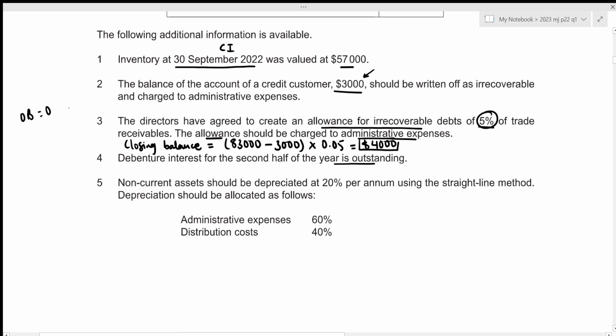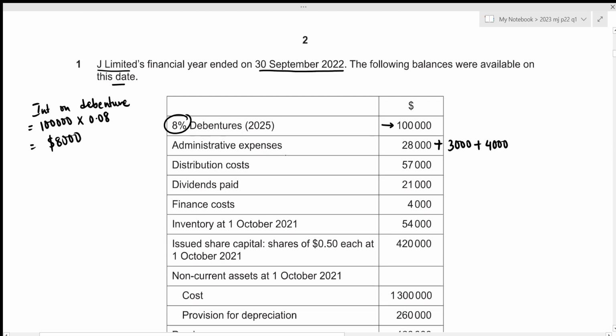The information we were given is that debenture interest for the second half of the year is outstanding. So half of this amount, 4,000, belongs to the first half of the year, and this is already paid. But the remaining 4,000 is still yet to be paid. So this will be our outstanding expenses.